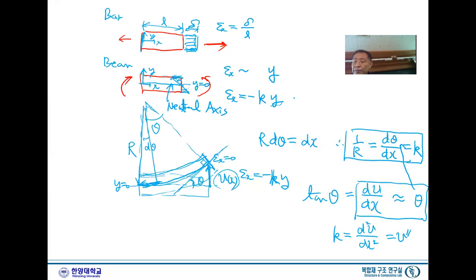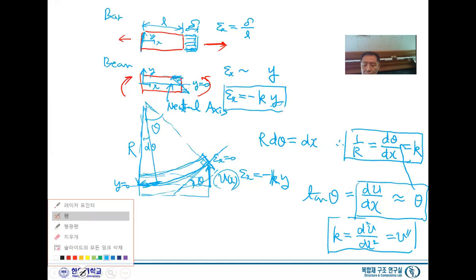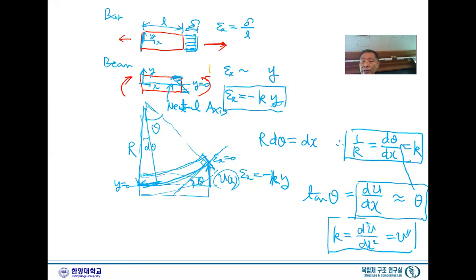Okay, so please remember this one is the minus K. Just keep these relations. What we know is actually the moment, right? Moment is the force we apply, but we don't know how much curvature, we don't know how much this theta is, right?